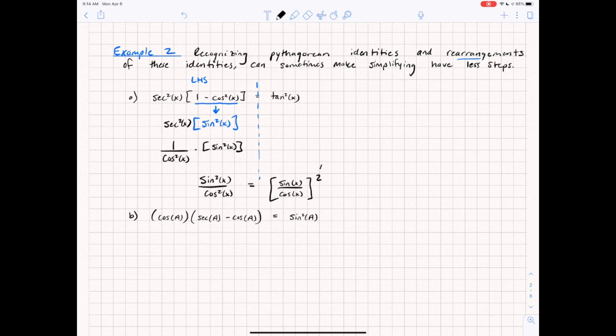Right? If you have a real power here, this power distributes between top and bottom in terms of the fraction. And so that means sine x over cosine x simplifies down to tangent squared. And I'm done, because that is tangent squared of x. And we're finished. Again, by choosing the left-hand side, the right-hand side becomes my goal, becomes my solution.